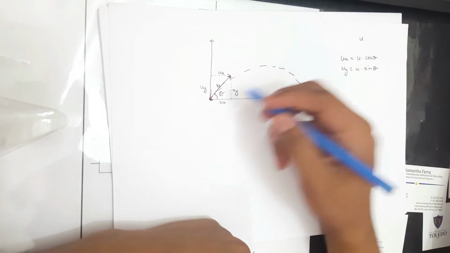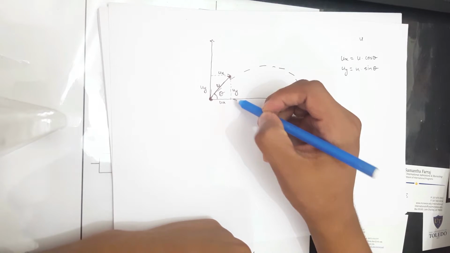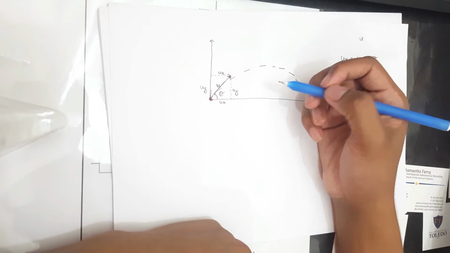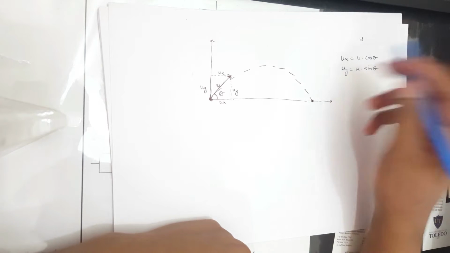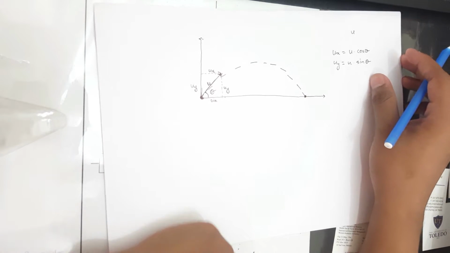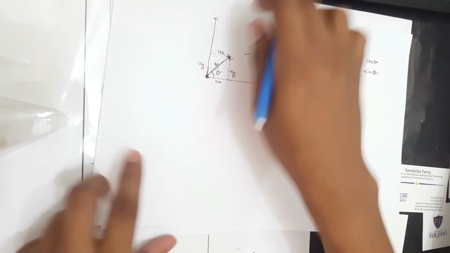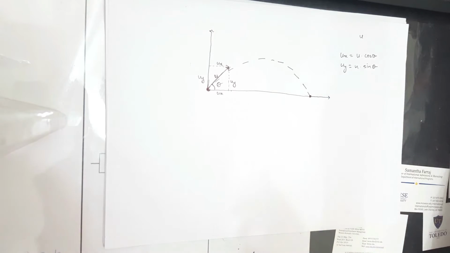We have the hypotenuse, and ux is the base, and uy is the opposite. Sorry, for ux we use cos, for uy we use sine. Don't get this mixed up like I just did. Sorry about that. Okay, we have that. That's the first thing we work with.